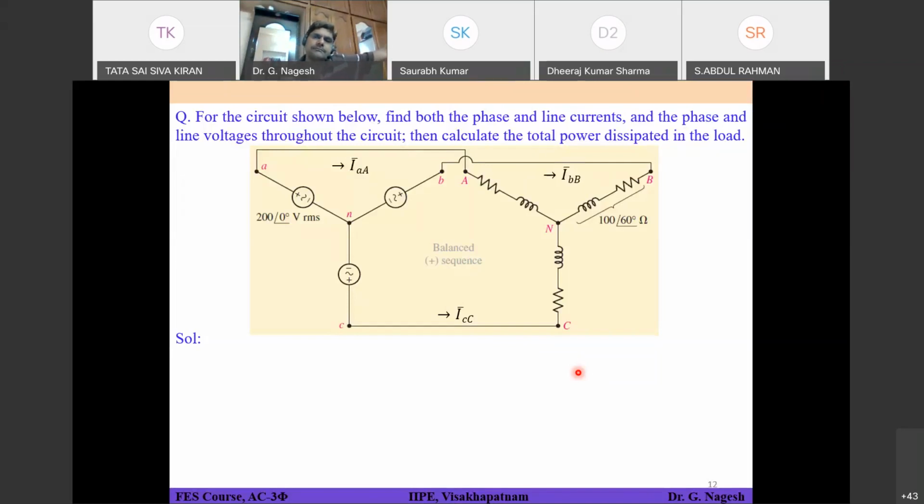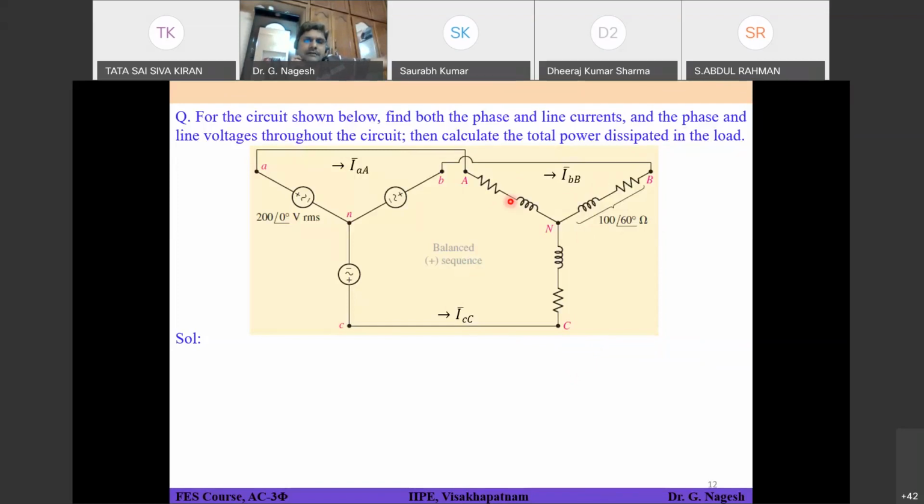Now also try to calculate the phase current. IAN, impedance is given. This is impedance 100 at an angle of 60 degrees. So ZP you know. So try to calculate the phase current. How much?